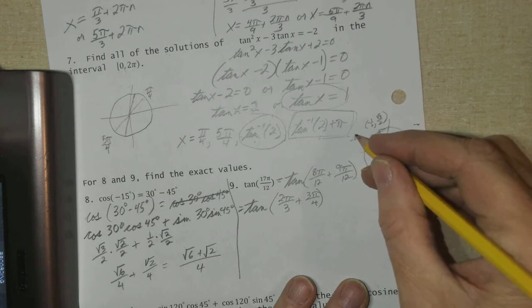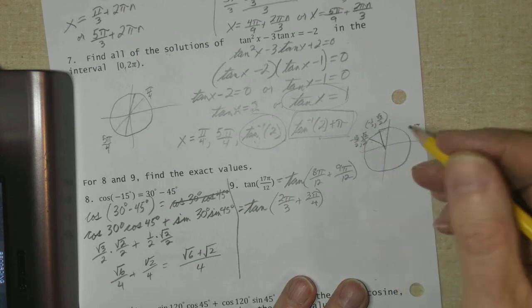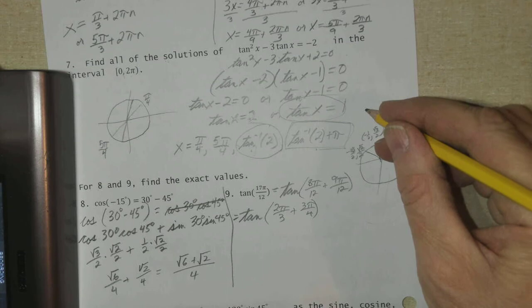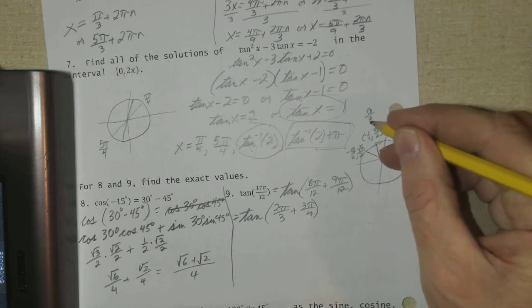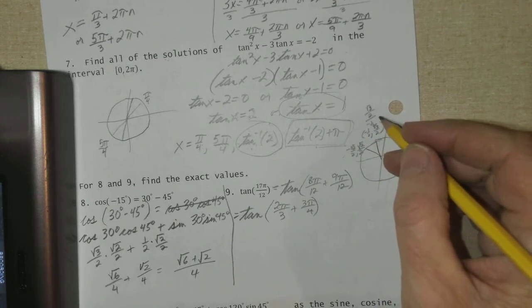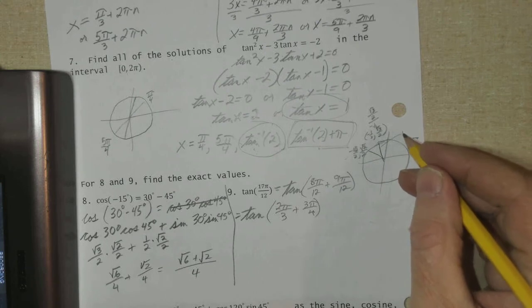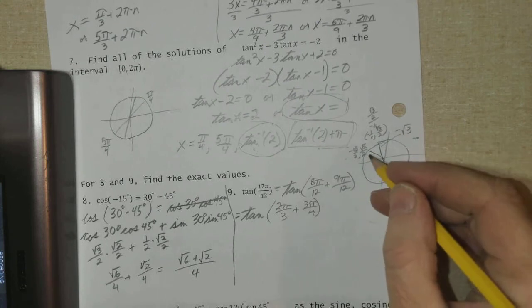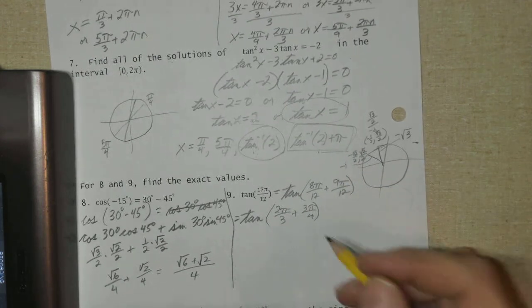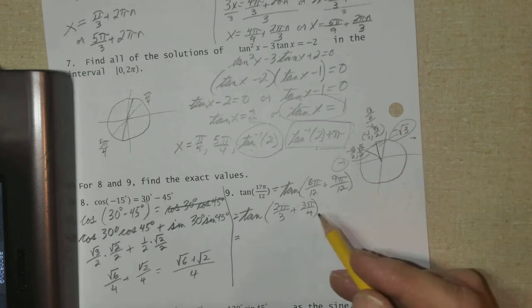And that's negative square root of 2 over 2 and positive square root of 2 over 2. The tangent is the sine over the cosine. So this one, the tangent is the negative square root of 3. This one, the tangent is negative 1. Okay, just so I have those values that I need.